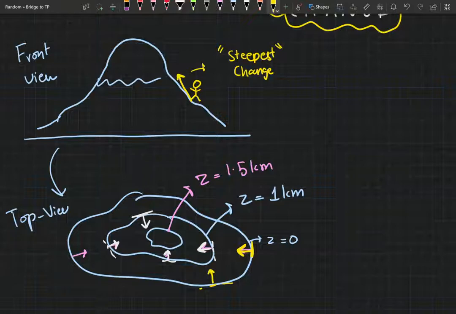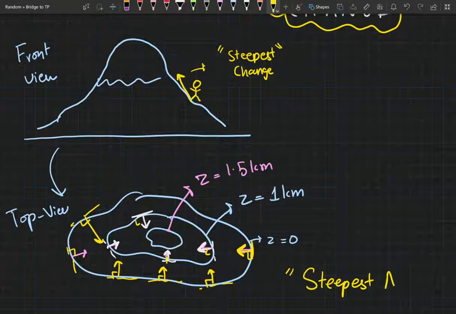They're all perpendicular to the contour lines, as you can see. And just to emphasize it further, all of these vectors are pointing in the direction of steepest ascent.